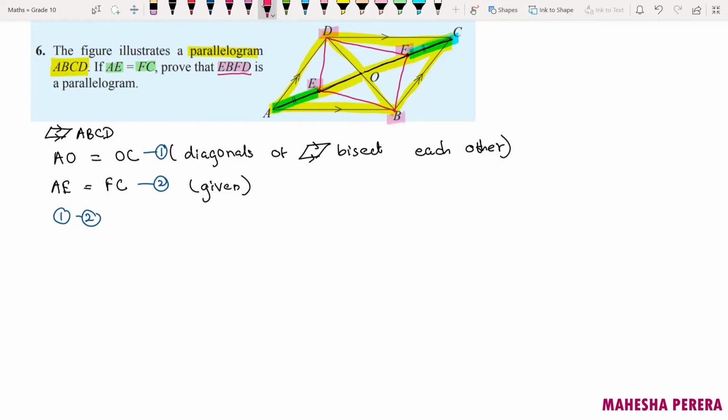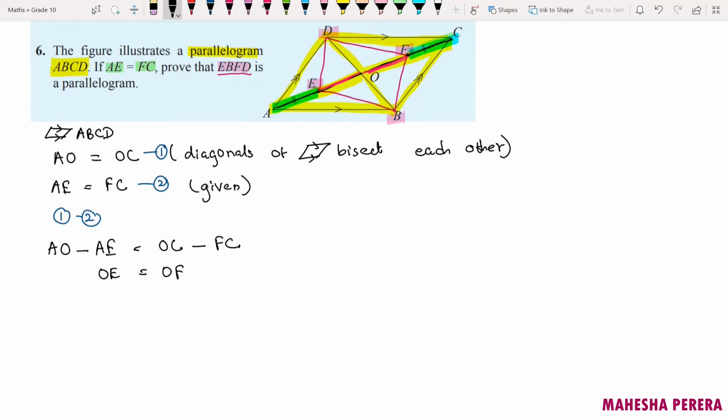I get these remaining lengths, right? And do you see these lines are inside our quadrilateral that we are trying to prove as a parallelogram? So let's write it. From AO, we need to deduct AE, and from OC, we need to deduct FC. So what is remaining? OE and OF, right?